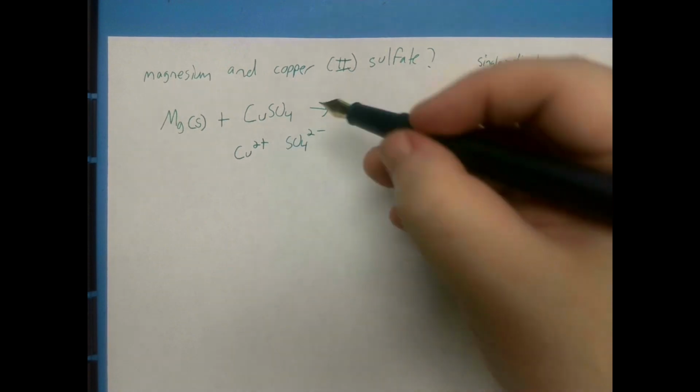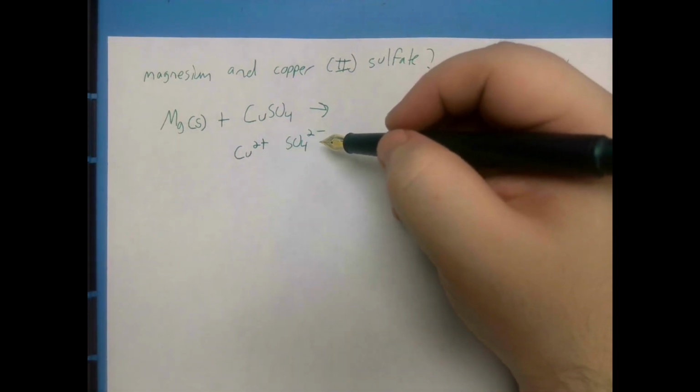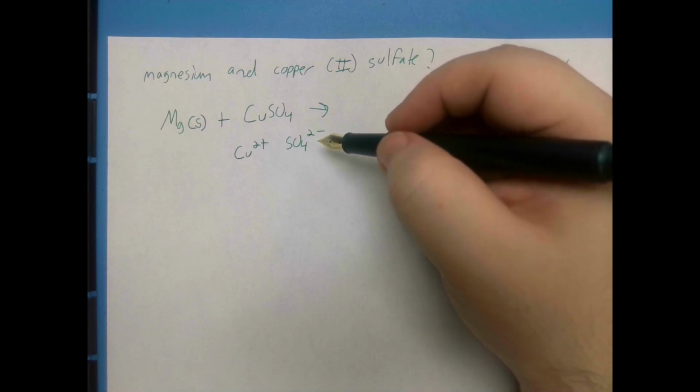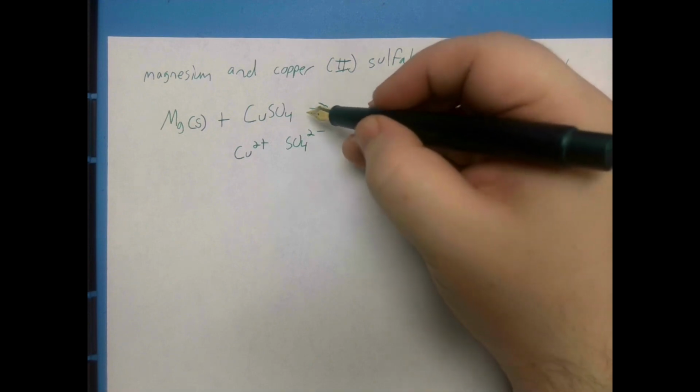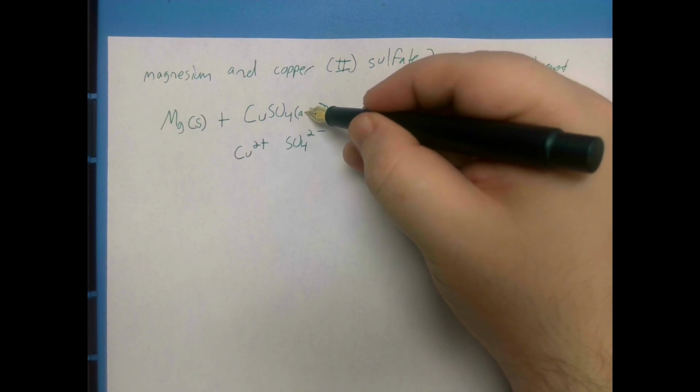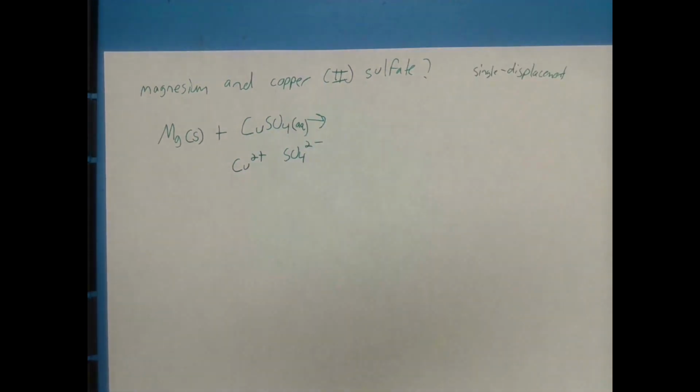I was just looking at the sulfur ion. So in order to do reactions with ionic compounds, we need to turn them into ions. The easiest way to do that is to dissolve them in water. Because if we take two solids and put them next to each other, we're not going to get any reaction. We need to make this chemistry easier by turning them into ions, and the easiest way to do that is to put them in water.